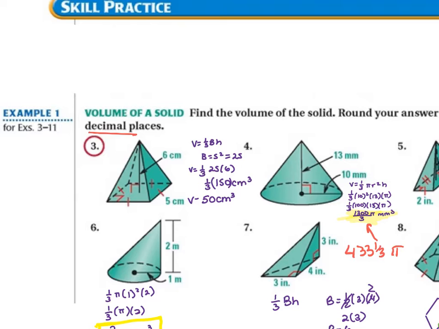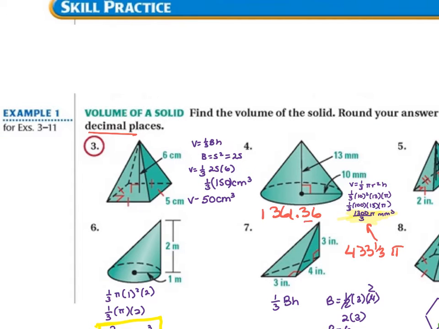But if you actually multiplied that, 1,300 divided by 3 times pi is going to give you 1,361.36.